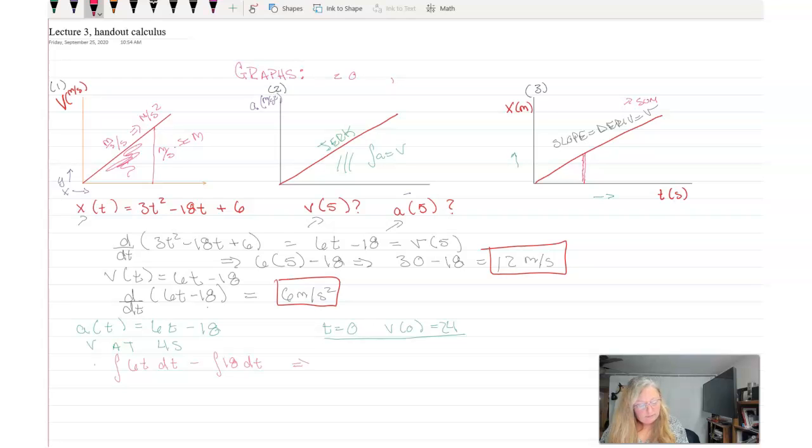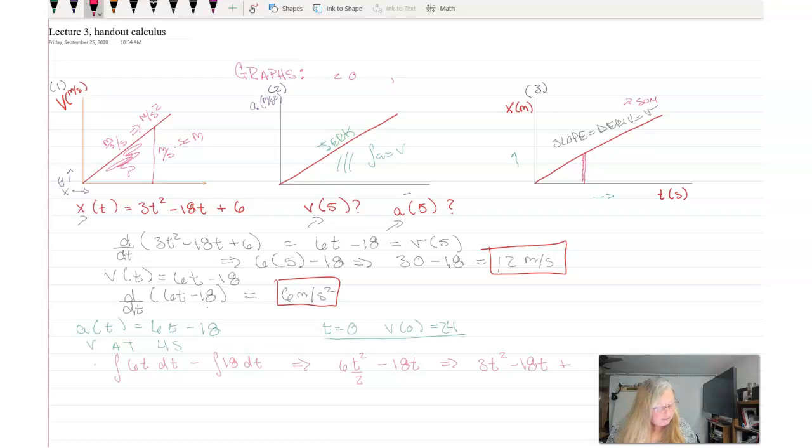The first part is going to give me t squared, divided by 2, and remember that I have a 6 in front. We'll simplify it after. And then for the other one, there's a t to the 0, I'm adding 1, so that's just going to become minus 18t. Now let's simplify. So I get 3t squared minus 18t.